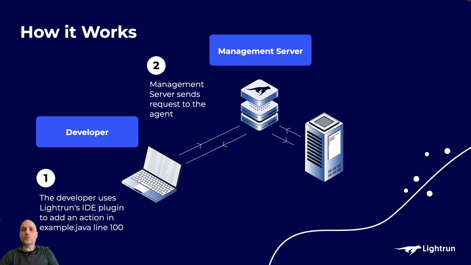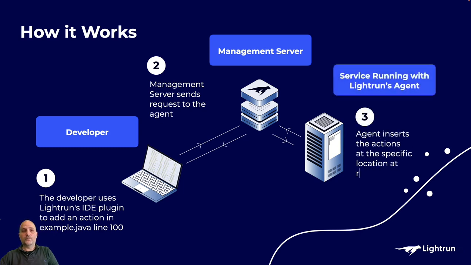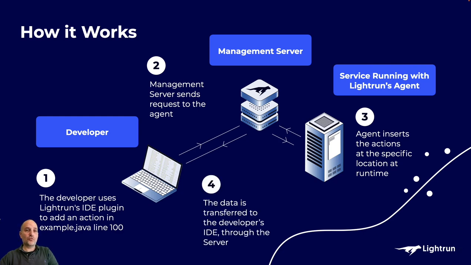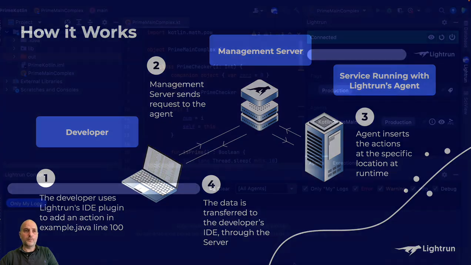That means no danger to the running production servers from a careless developer, well, like myself. The agent is a small runtime, it's very low overhead, and it implements the debugging logic. Finally, everything is piped through the server back to your IDE directly. So as a developer, you can keep working in the IDE without leaving your comfort zone.